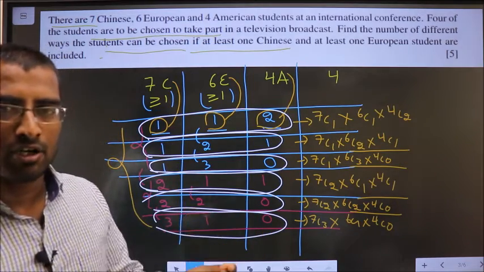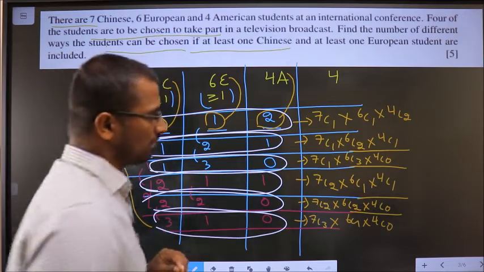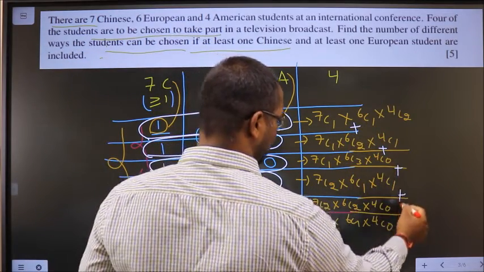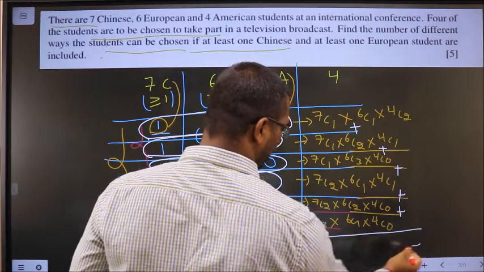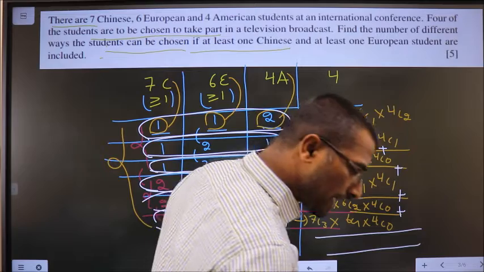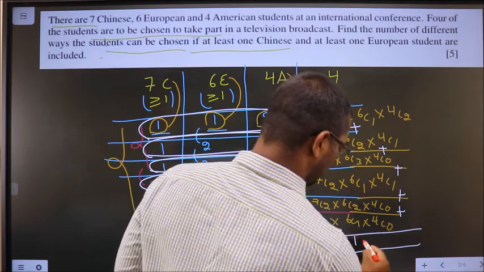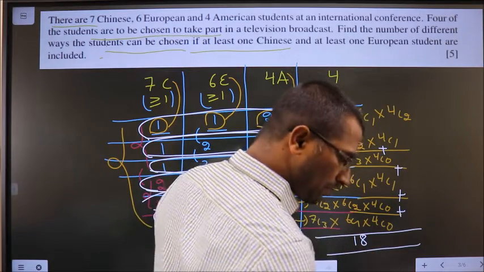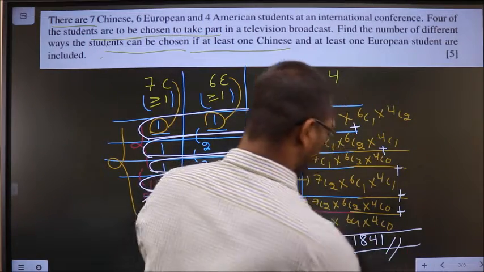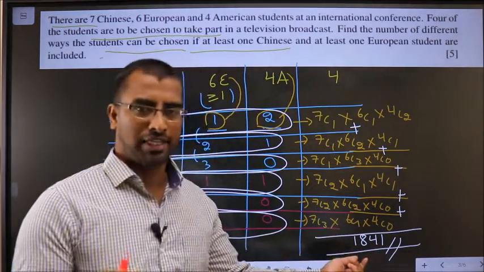Whenever it is or, you need to add. So add all this to get the final answer. So your final answer that you are supposed to get is 1841. 1841 should be your final answer.